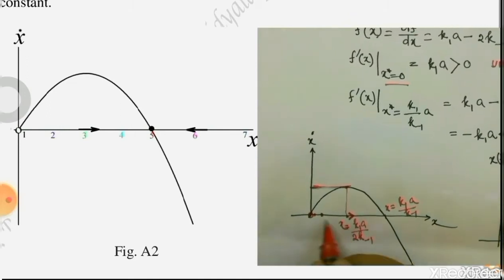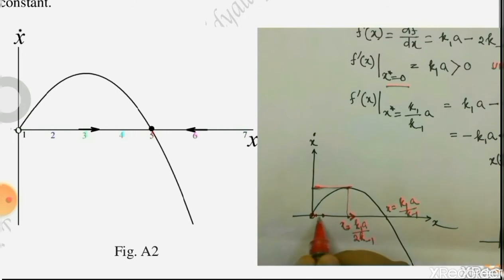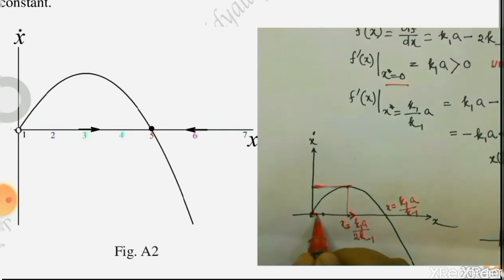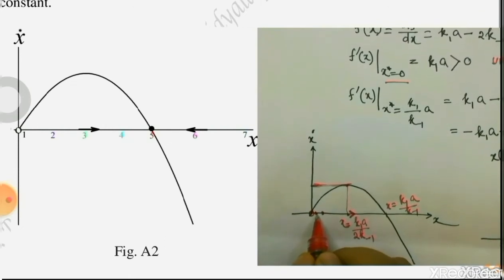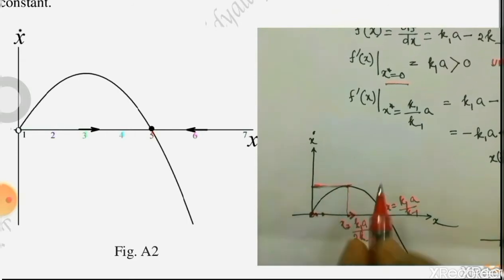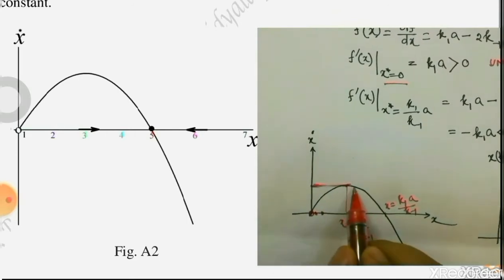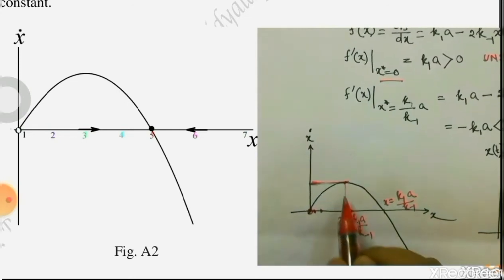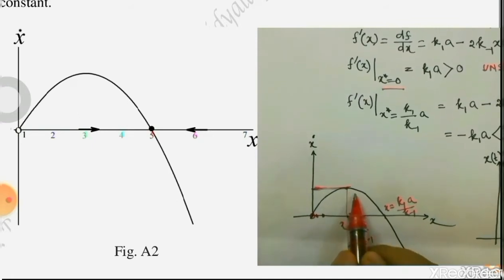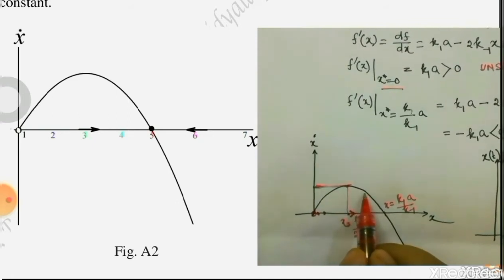So up to this point, if the concentration is started with a value very near to 0, then the concentration will increase very rapidly up to this point, and then the increase in concentration will be slow, but then also the concentration will increase, because here also x dot has a positive value.